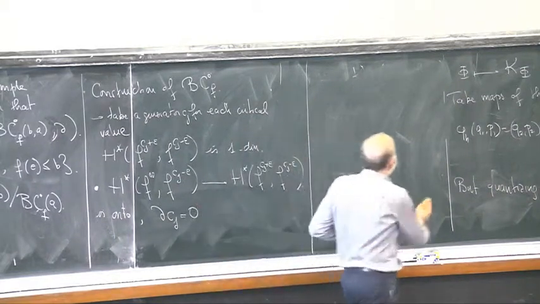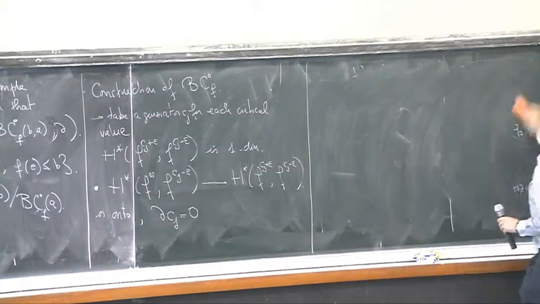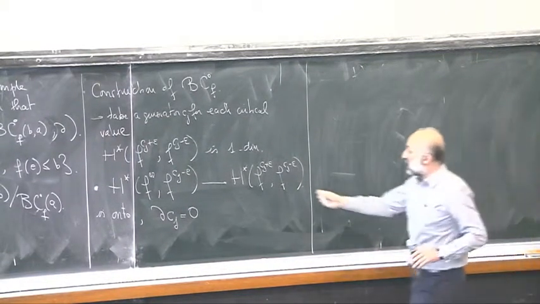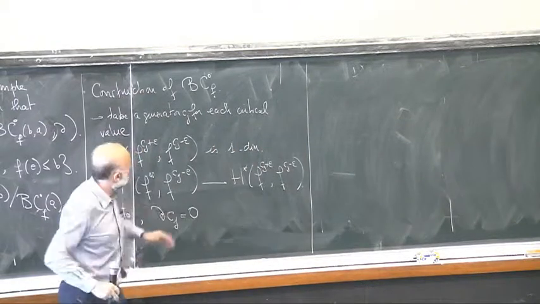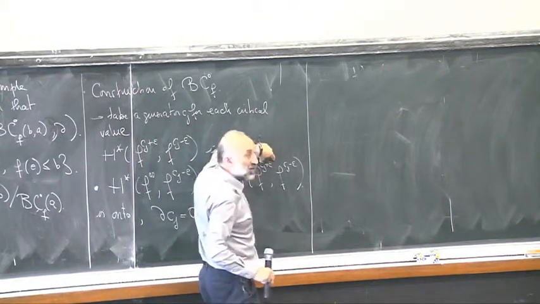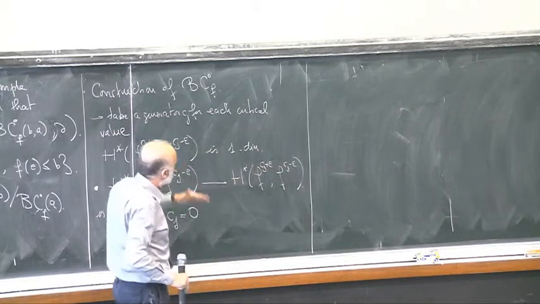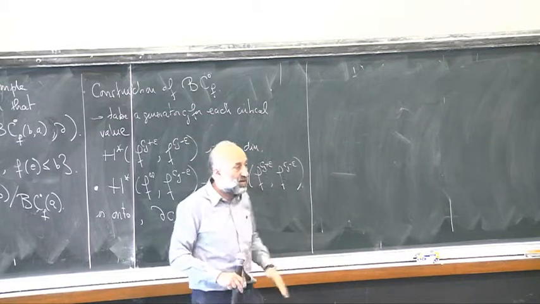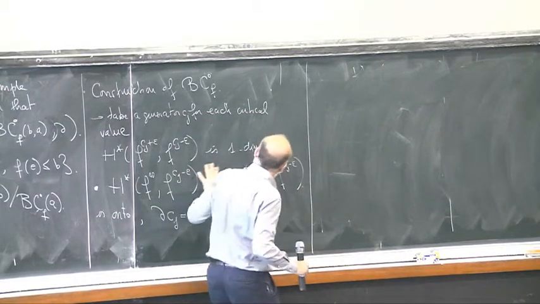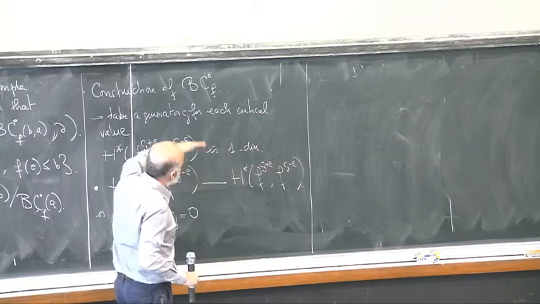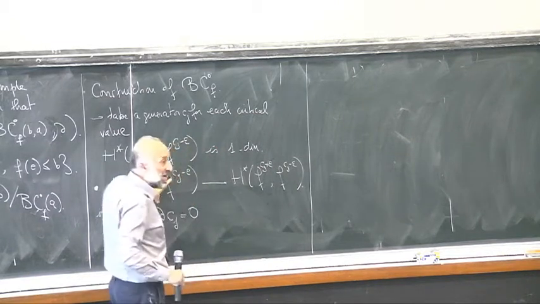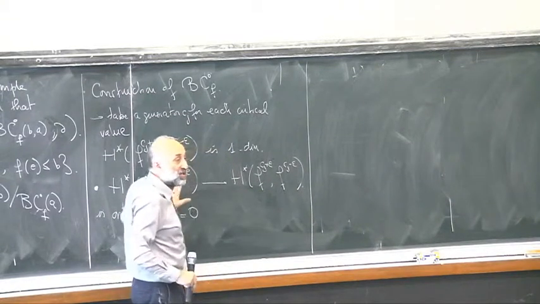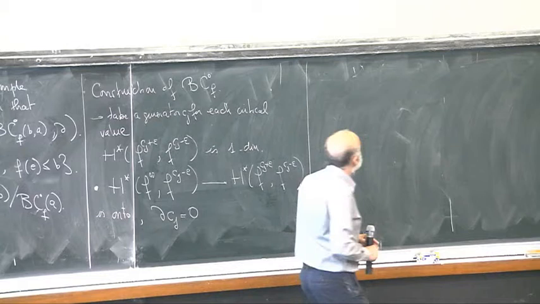Well, if this is not true, it means that at some point my class here is not induced anymore. Of course, if I increase this number here, at the beginning the class will be induced before I reach any other critical value. I'm certainly going to get an isomorphism here. And then this cohomology is going to change. I know that when I get here, the unique generator here is not in the image anymore. So there's a last moment where you're still in the image.